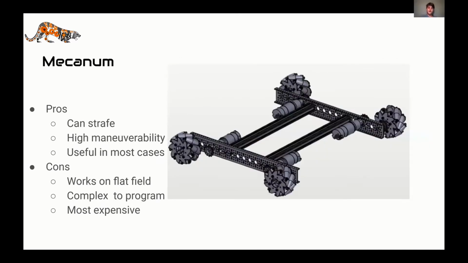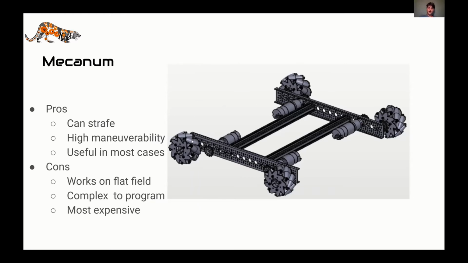Next up, this is definitely the most common drivetrain in FTC. It's the drivetrain that our team uses and has used for the past few years, and we find it very effective. This is the Mecanum drivetrain. If you'll notice, they use these four wheels that technically allow for omnidirectional movement, but they're different from the omni wheels that we were talking about earlier.